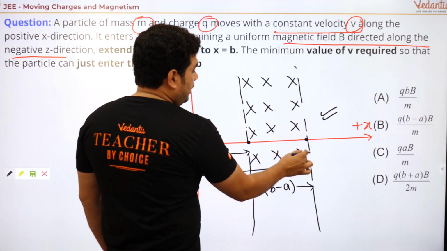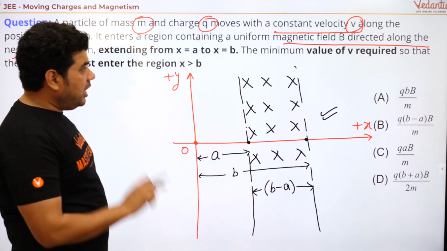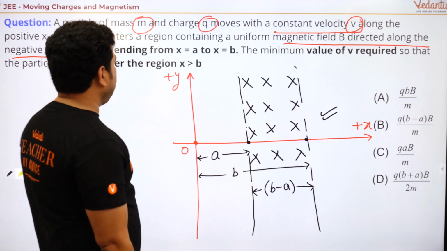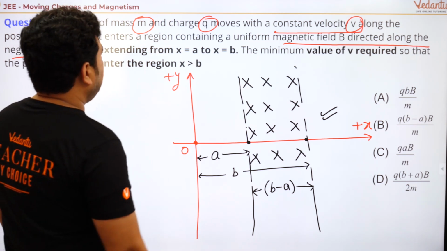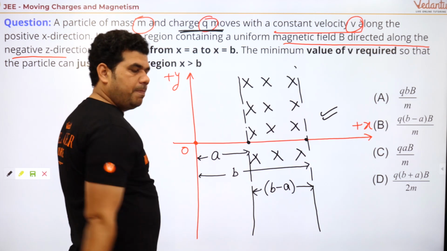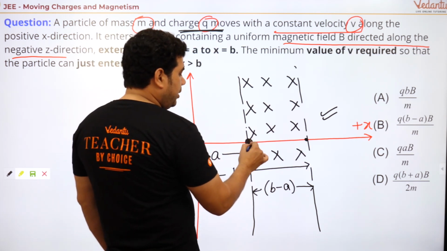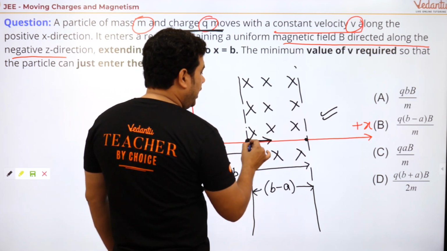And if here is the magnetic field and the charge is positive or negative, first you see that too. Where is the charge? Charge is plus q given here. If charge enters from here, then it will move like this.